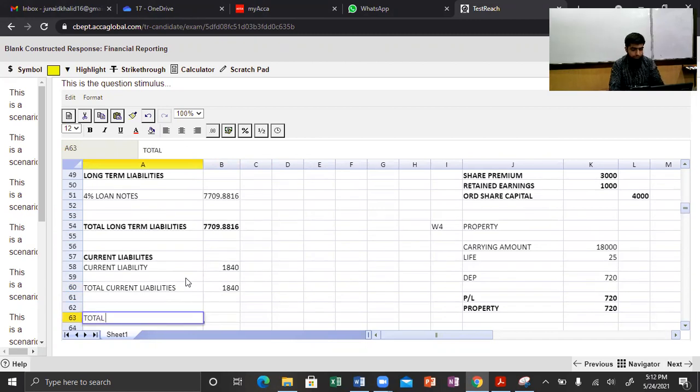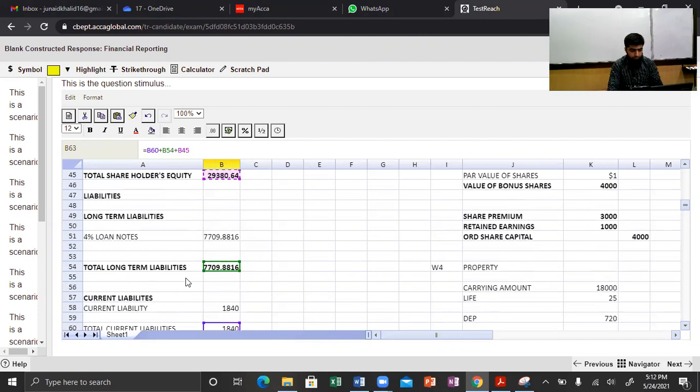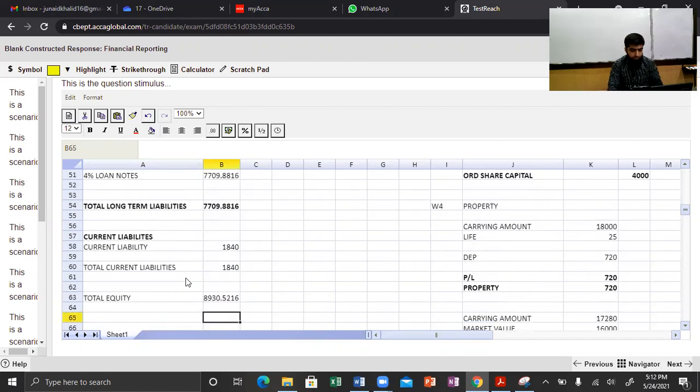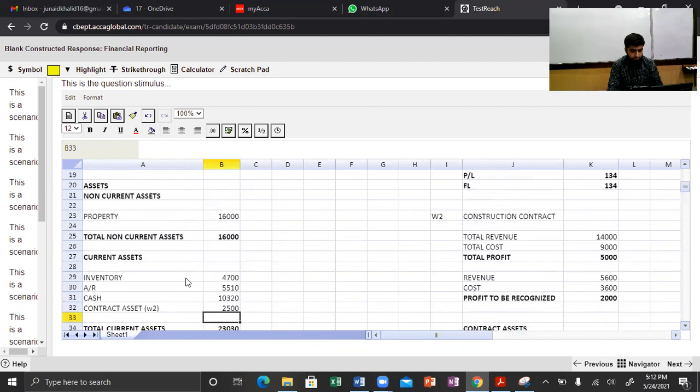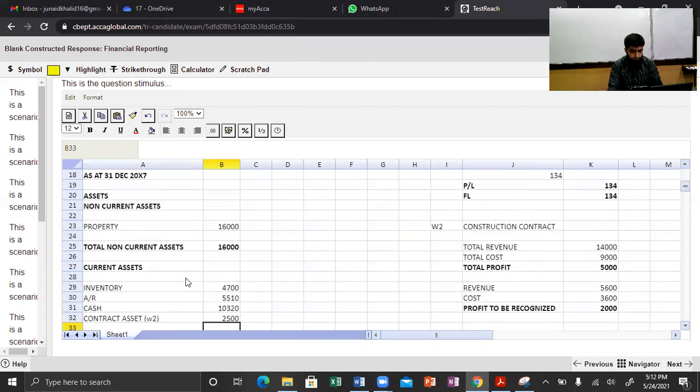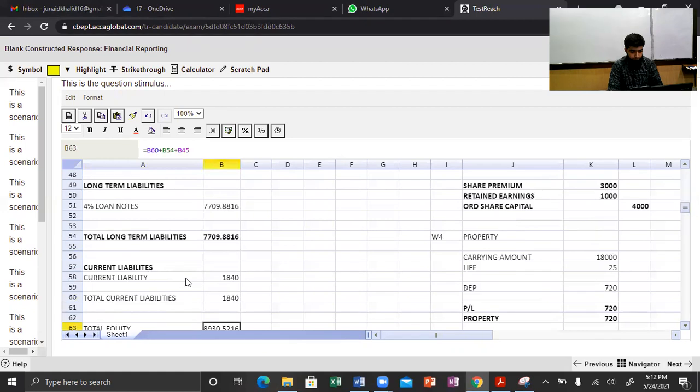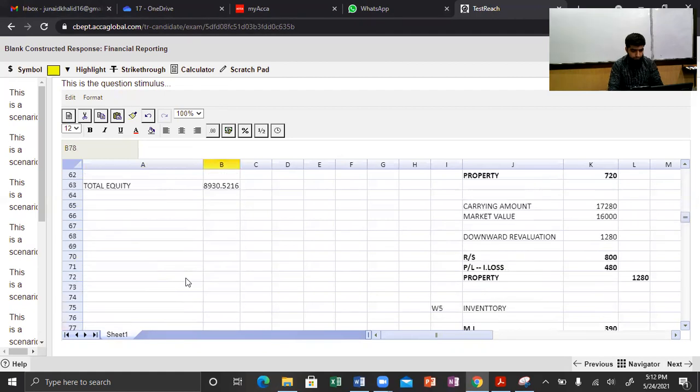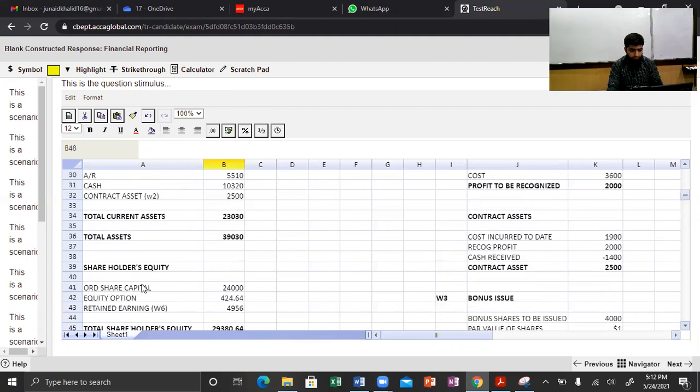Now total equity is current liability plus long term liability plus the shareholder equity. So 38930.